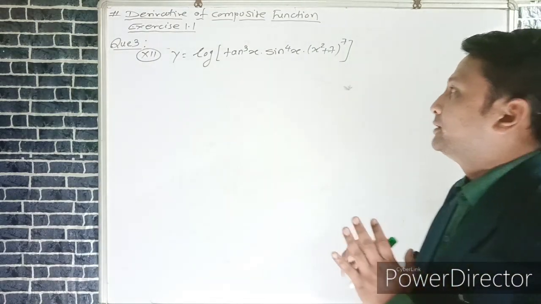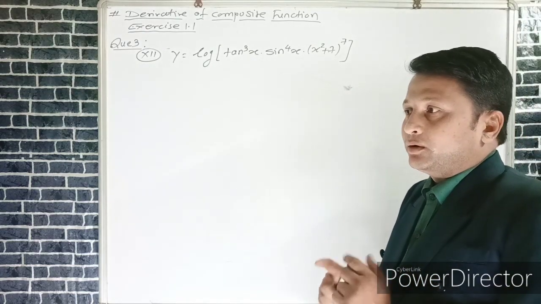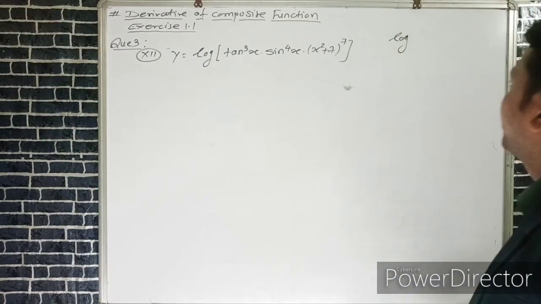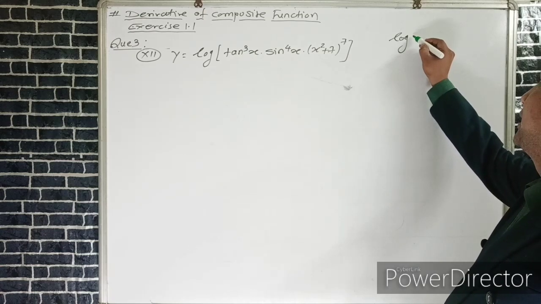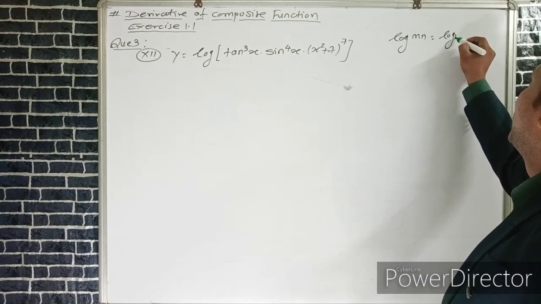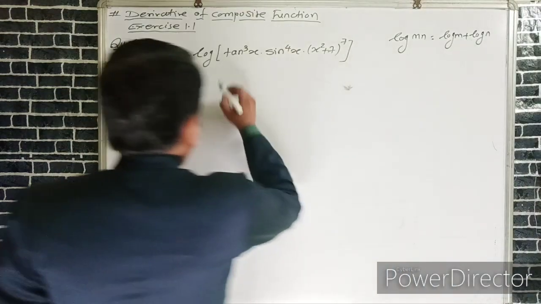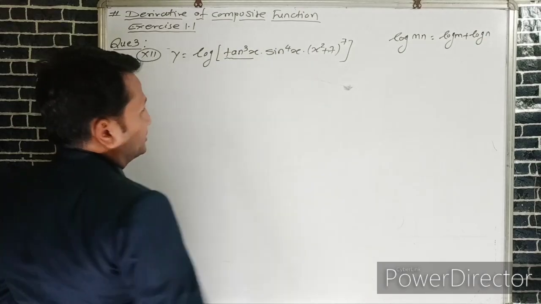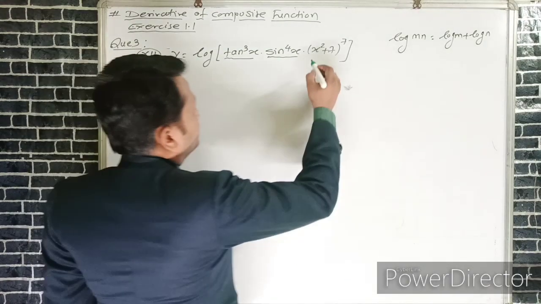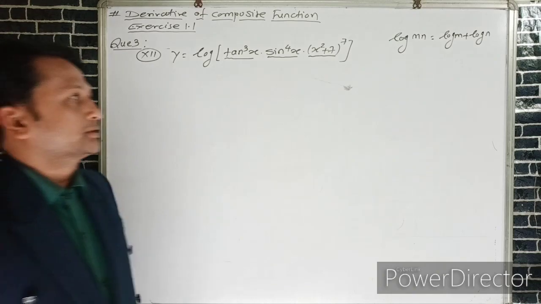We know that if two functions m and n are in multiple form inside a logarithm, then we can write log of m into n equals log m plus log n. Here tan cube x is one function, sin raised to the power 4x is the second function, and (x squared plus 7) whole raised to the power 7 is the third function.